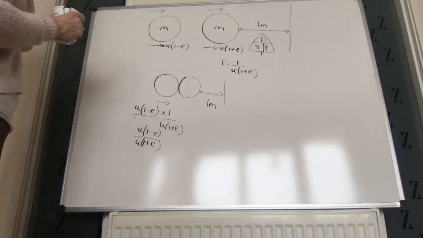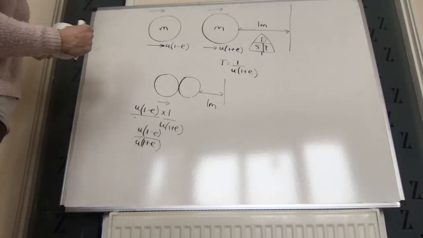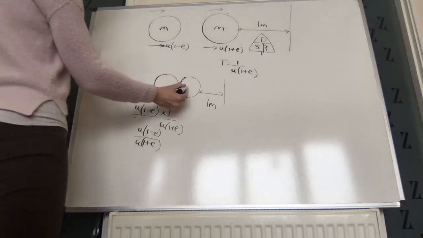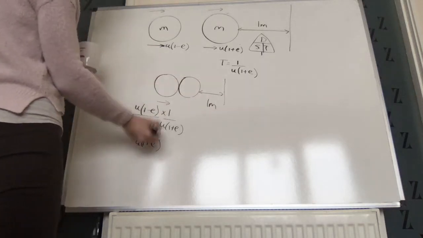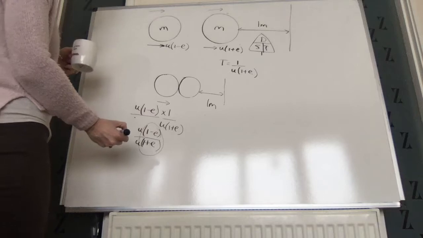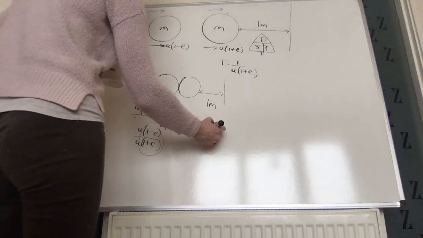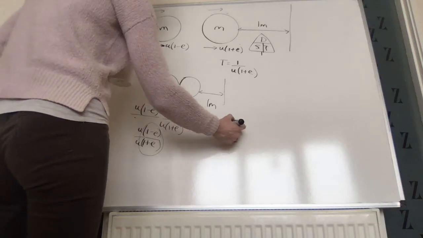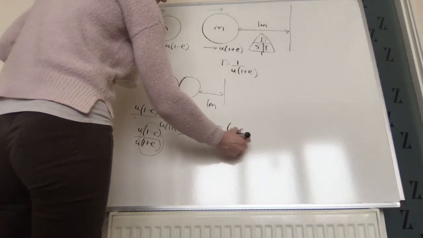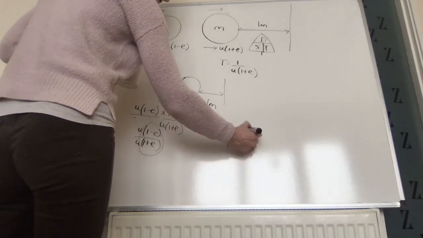So the distance between them is going to be: this one has gone 1 meter, this one has gone 1 minus e over 1 plus e, so the distance between them will be 1 minus 1 minus e over 1 plus e.